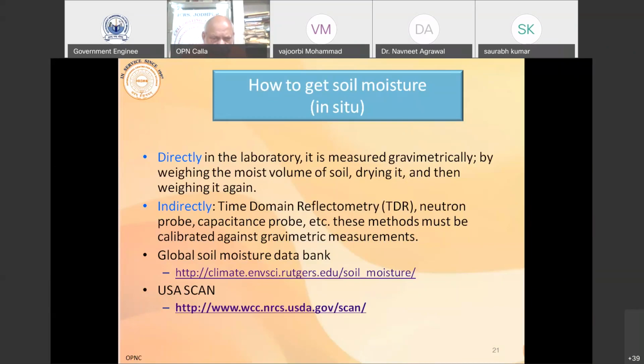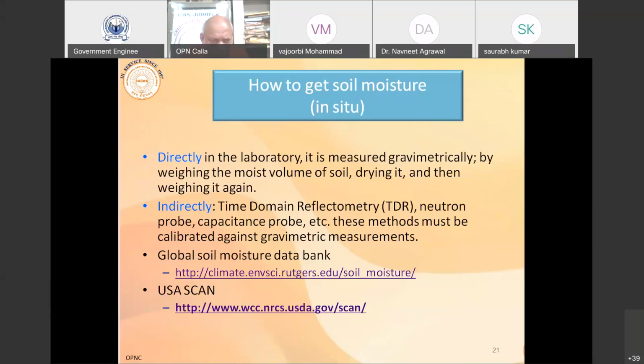And then we have time domain reflectometry, the neutron probe, which is a soil moisture meter. And we use this one. These methods must be calibrated against the gravimetric. The capacitance probe, time domain reflectometry, and neutron probe give us volumetric soil moisture. Then you have to compare that volumetric against the gravimetric.